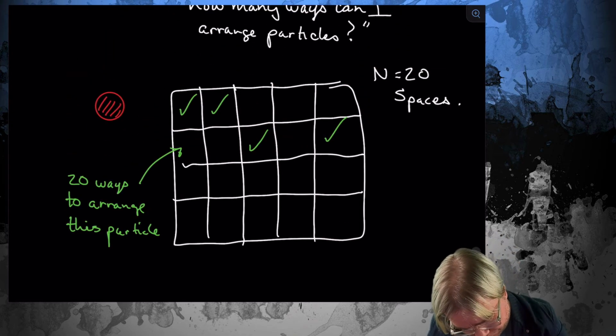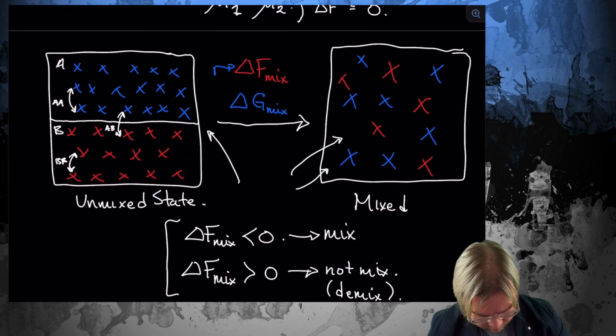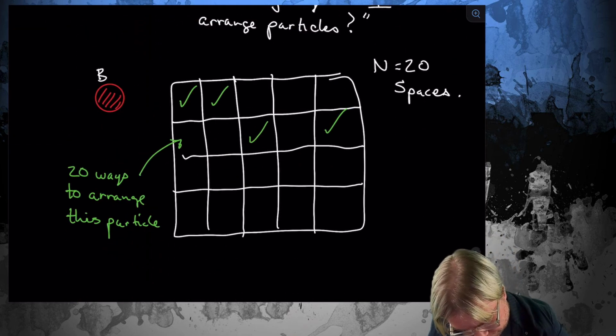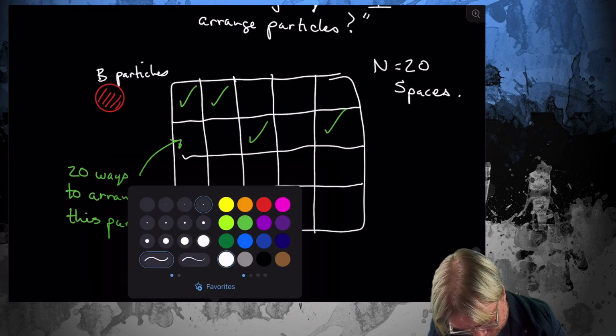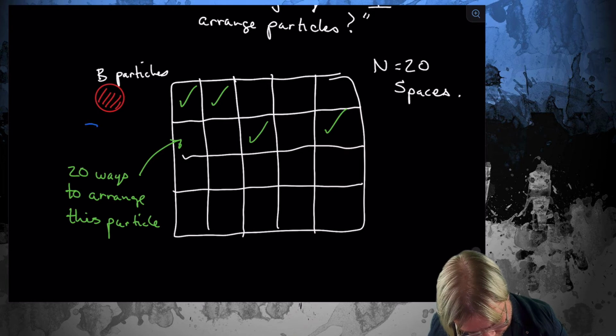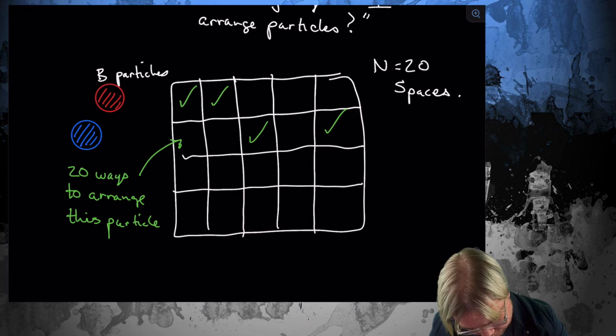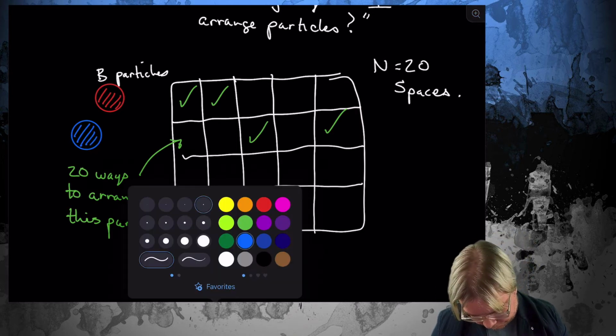So let's call the red particles, what do we call them up here? We call the red particles B. So these are B particles. And let's make a blue particle. And here's the other one. This will be the A particle.